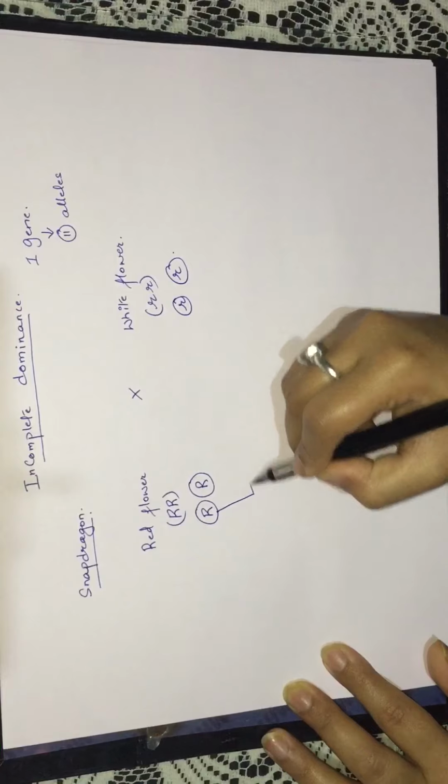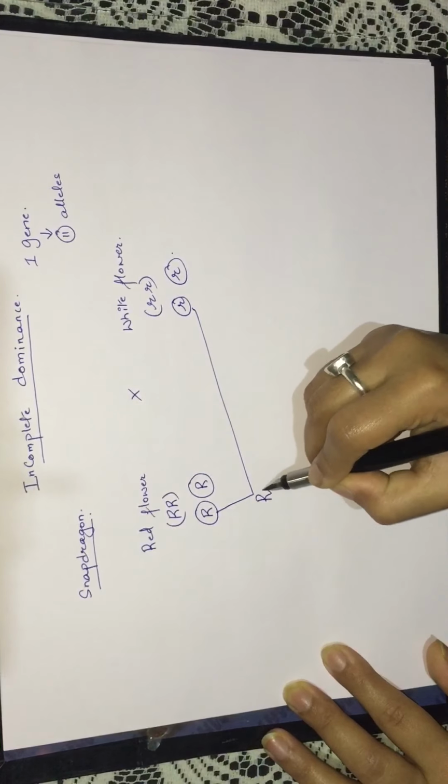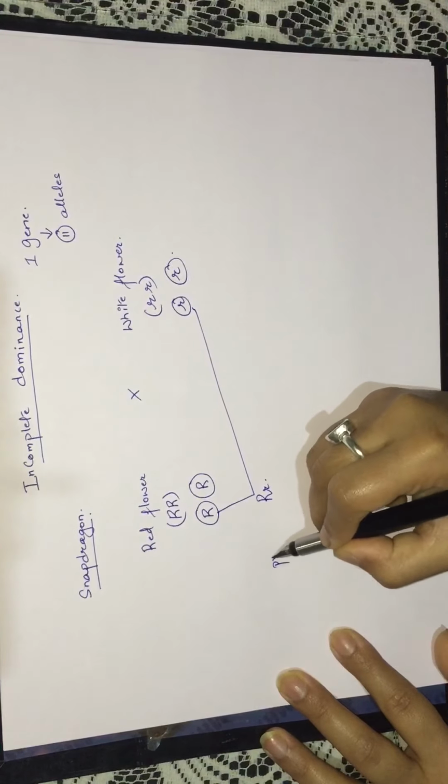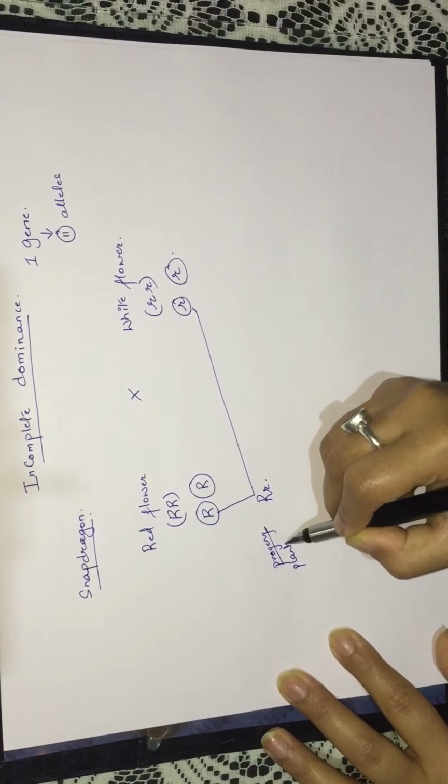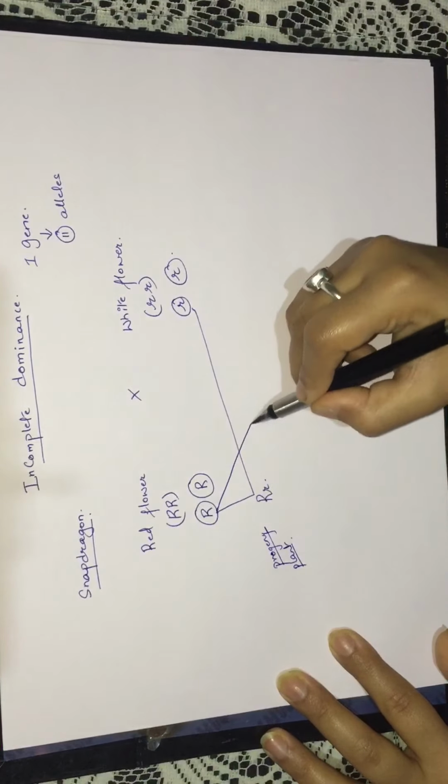Now the combination of these two will be, suppose this is the progeny plant, capital R, small r, and the combination will also give the same.